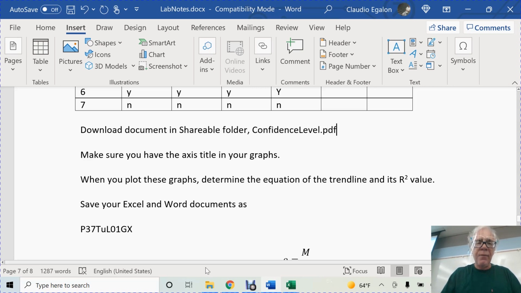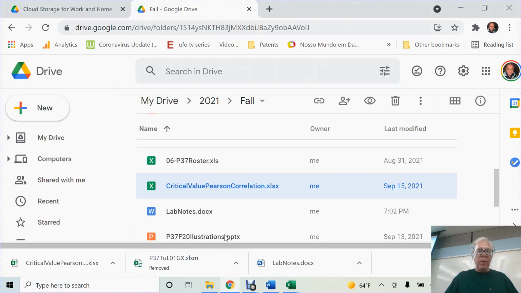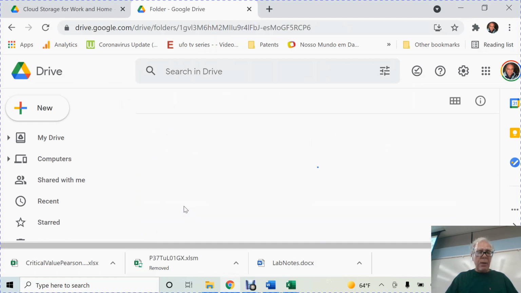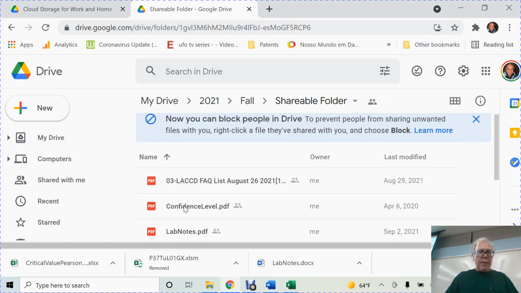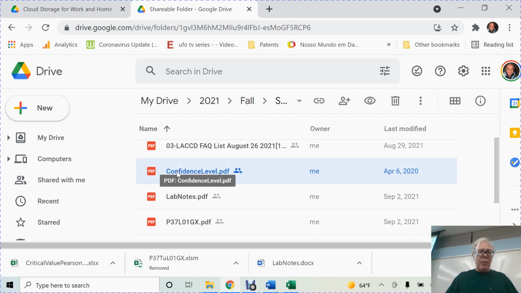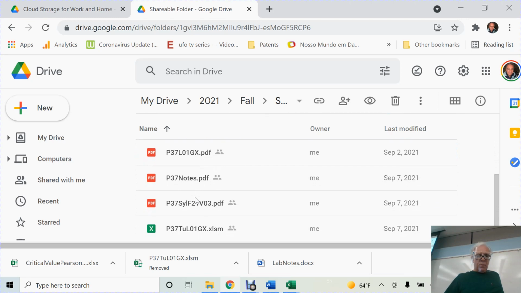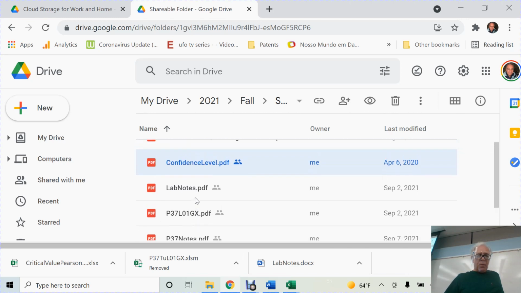Okay, let's see where it is. I have it right in here. Everybody, download this document if you don't have it yet. You're gonna need that for one of the tables.